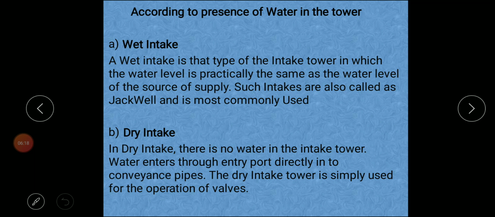Such intakes are also called jack wells and are most commonly used. Second, the dry intake. In a dry intake, there is no water in the intake tower. Water enters through an entry port directly into conveyance pipes. The dry intake tower is simply used for the operation of valves.